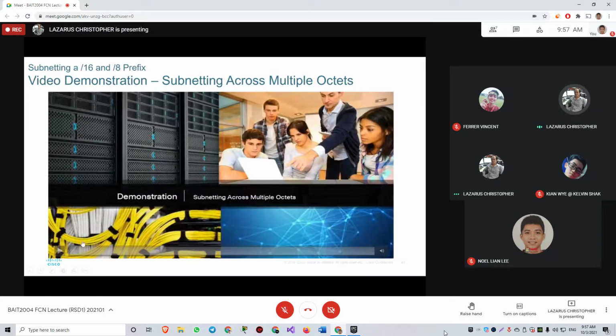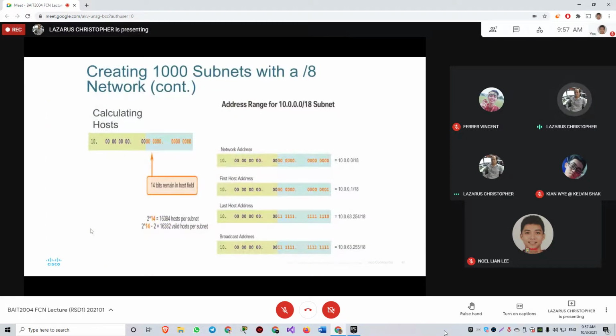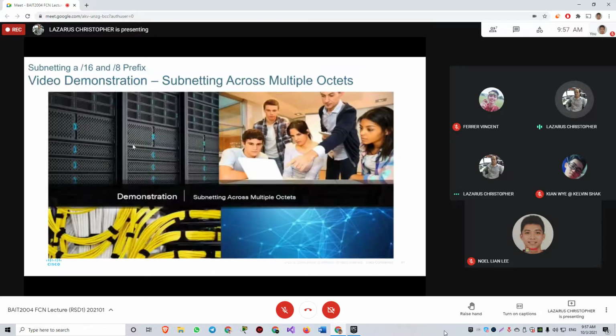All right. Subnetting across multiple octets here means that you go beyond. Let's say you start with /8, you go beyond the 8 bits just now. You go beyond the second octet, you go into the third octet. So these examples here show you that across multiple octets.